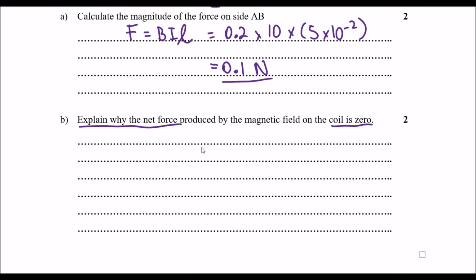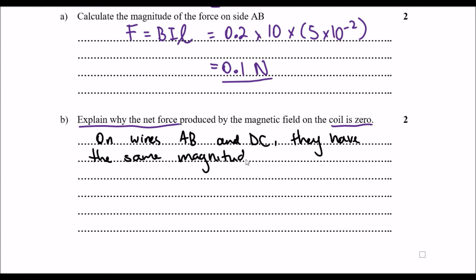Okay, so let's just start by using the individual wires. So on wires AB and DC, they have the same magnitude of force.